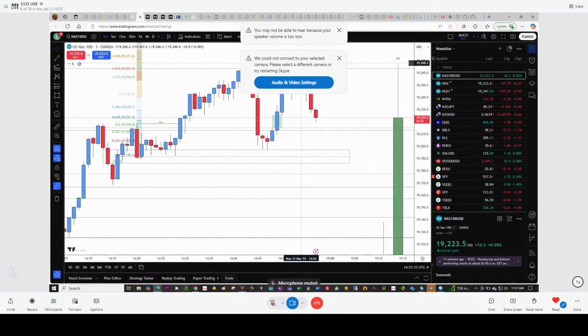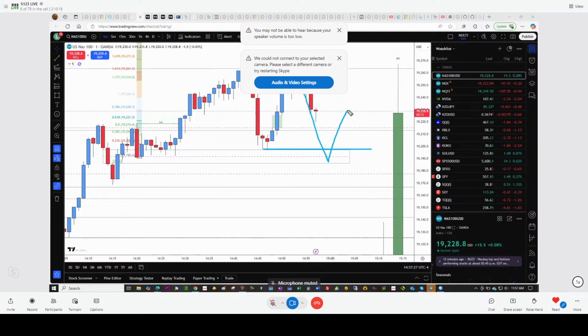If they don't go back and take the high, then I'd be looking for them to break this low right here. So looking for that drop and then a retrace would present a nice entry to come down. That would be an interesting Tom DeMark trendline break if it did that.